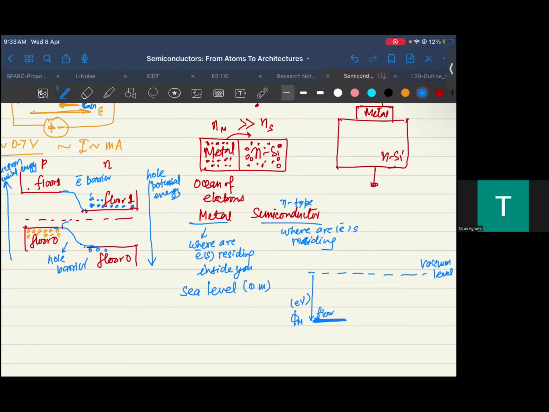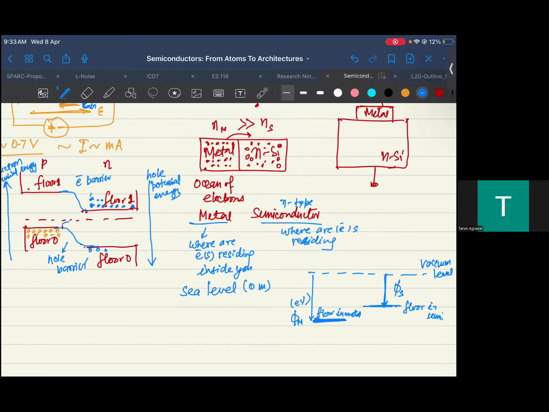Similar to that, we can draw this floor also in the semiconductor, where we can say, okay, you are here. This is your phi s, which is your floor in the semiconductor. This is the floor in metal. And all of this is defined based on the vacuum level, because that is the material property.